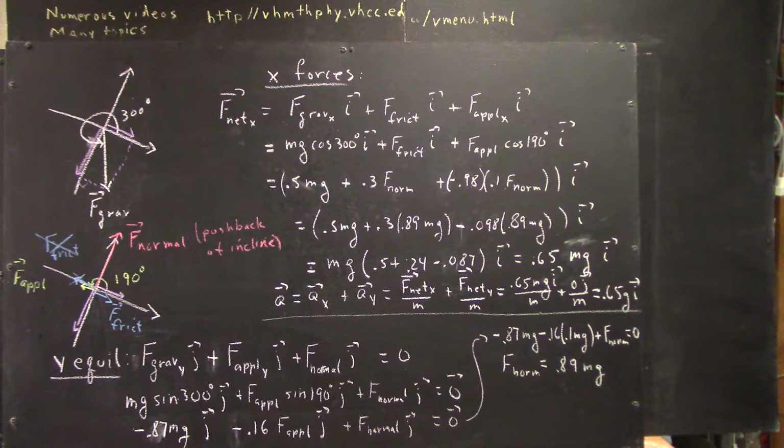Okay, we have a frictional force, which I originally put in this direction before I looked back at my problem and realized, no, in this case, the object is not moving down the incline, it's moving up the incline. Now it's not going to naturally move up the incline, something had to get it moving.